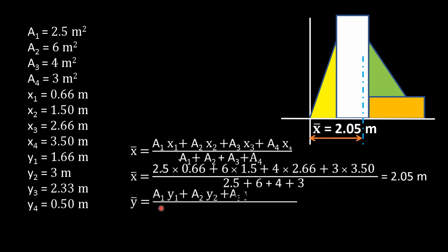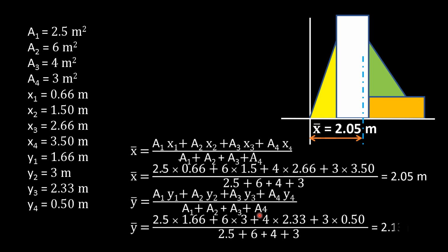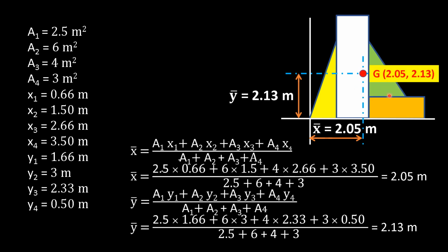We have y bar equals a1y1 plus a2y2 plus a3y3 plus a4y4 divided by a1 plus a2 plus a3 plus a4. After substituting the values and doing calculation, we get y bar equals 2.13 meter, which we show like this. So, the position of the centroid of this dam section is here represented by G 2.05, 2.13.